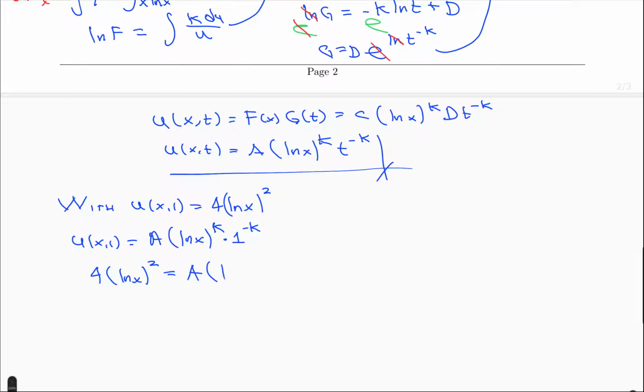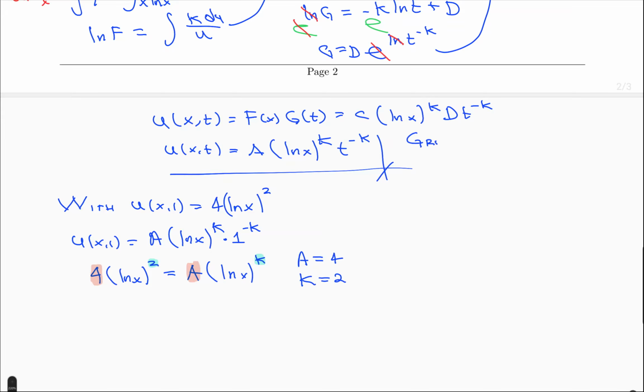That leaves us with a ln x to the k power. Do you see the form on both sides? We can equate coefficients and exponents in a similar way we have been doing. That means we can set a equals 4 and k equals 2. So a equals 4, k equals 2.